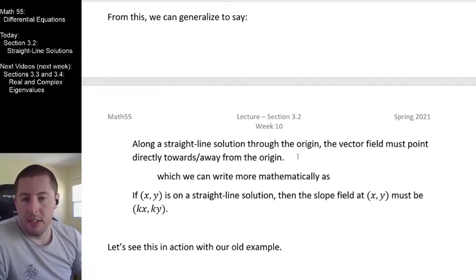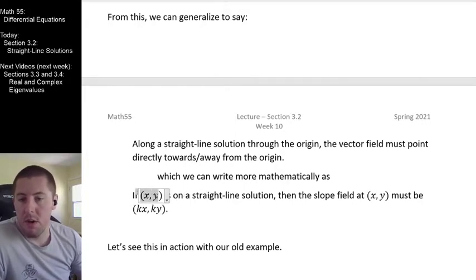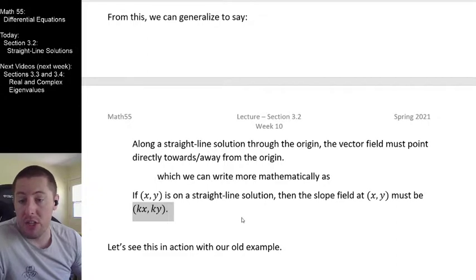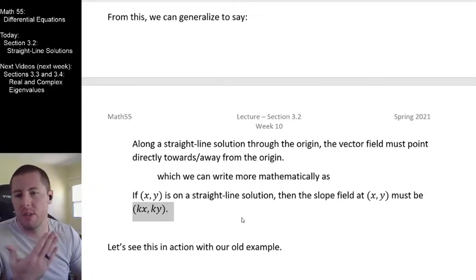Now, this is our English sentence up here. I want to think about this mathematically. If you can find some location x, y, and you want to show that it is on a straight line solution, then what must be the case is that the slope field at the point x, y must be pointing in the x, y direction, or a constant multiple of it, those are really the same direction.